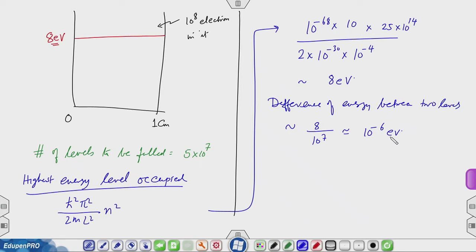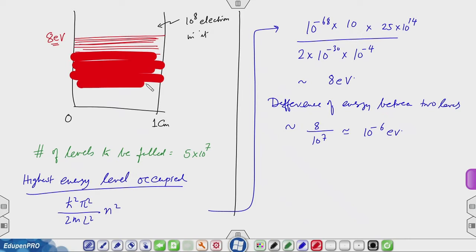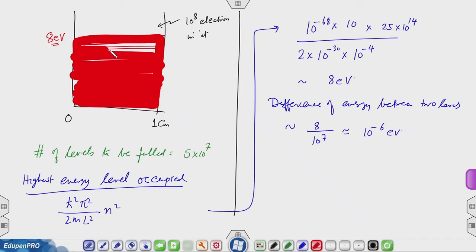So, you can see that these levels are actually filled pretty much continuously. Let me make it with thick ink. Up to this level you can't really distinguish between two levels. This is how this box is filled.